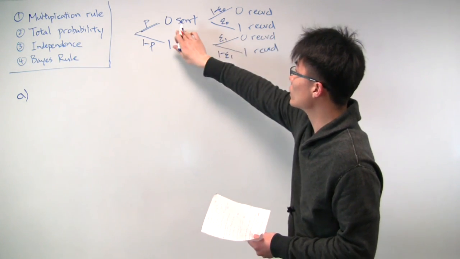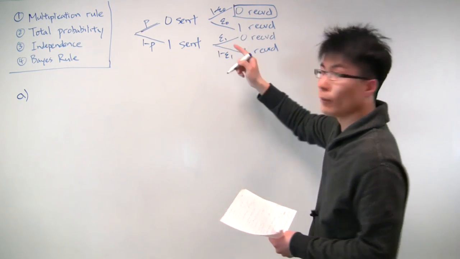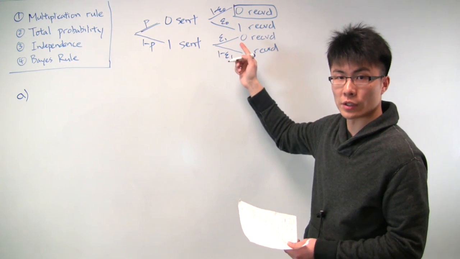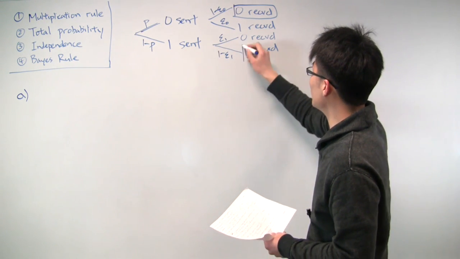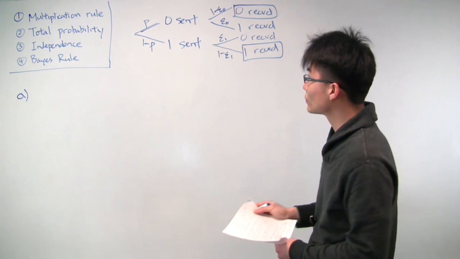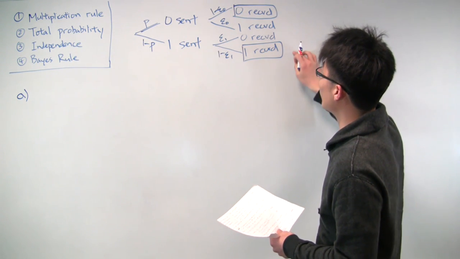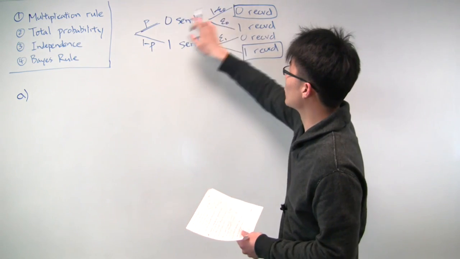So if a 0 is sent and a 0 is received, then that corresponds to a successful transmission. Similarly, if a 1 is sent and a 1 is received, that also corresponds to a successful transmission.